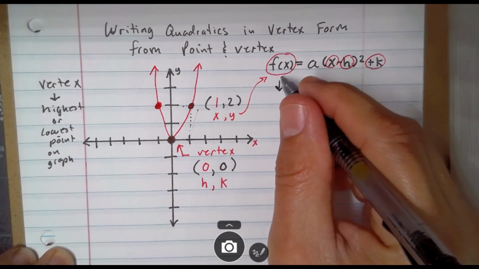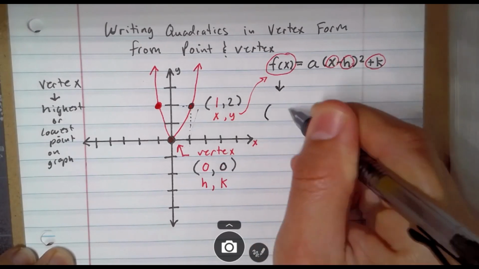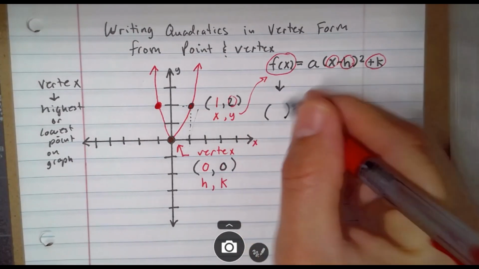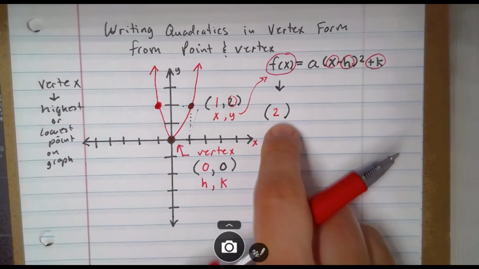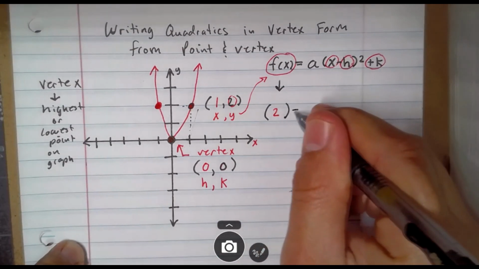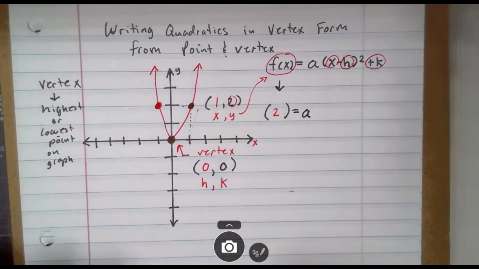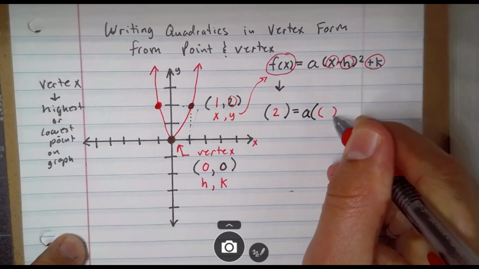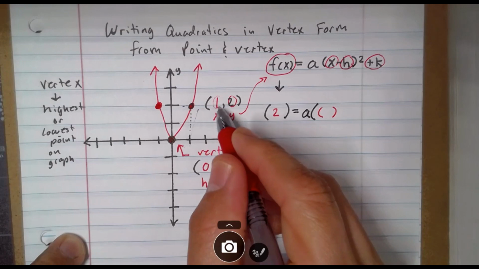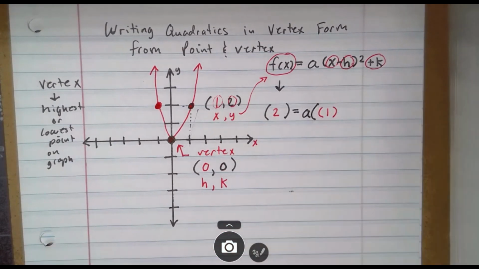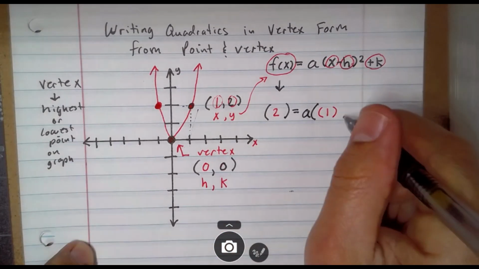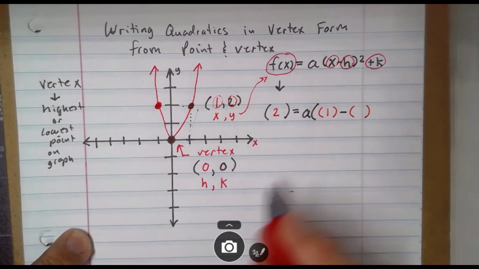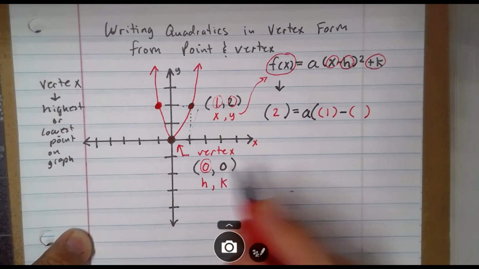Instead of f of x, I'm going to put a set of parentheses and put my y value of 2. This way you can see everywhere I'm putting the values. And this is going to be equal to a times my x value, so I'm going to put parentheses. My x value happens to be positive 1. And then it's going to be minus my h value. My h value happens to be 0 in this case.